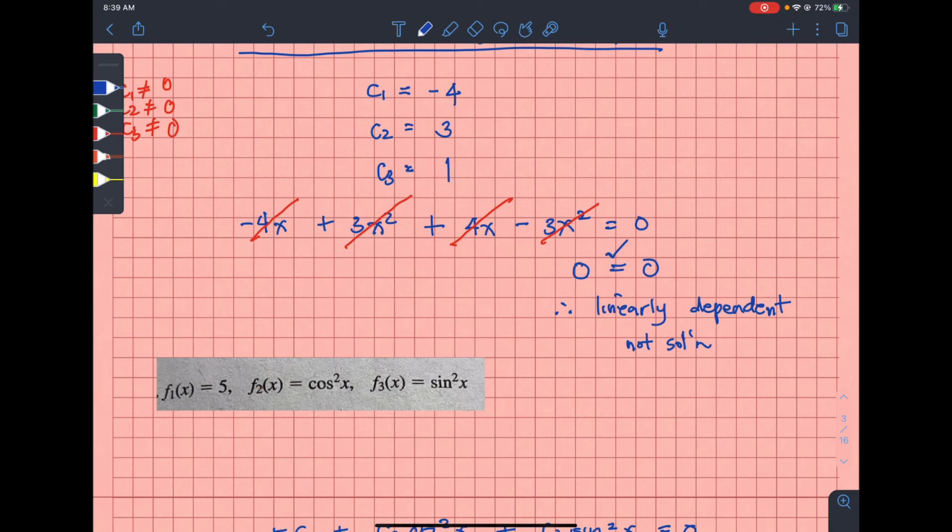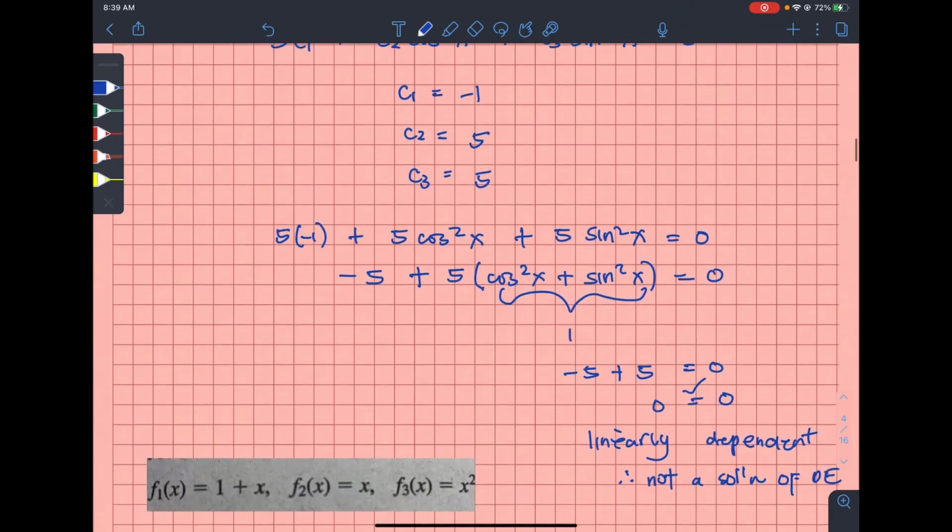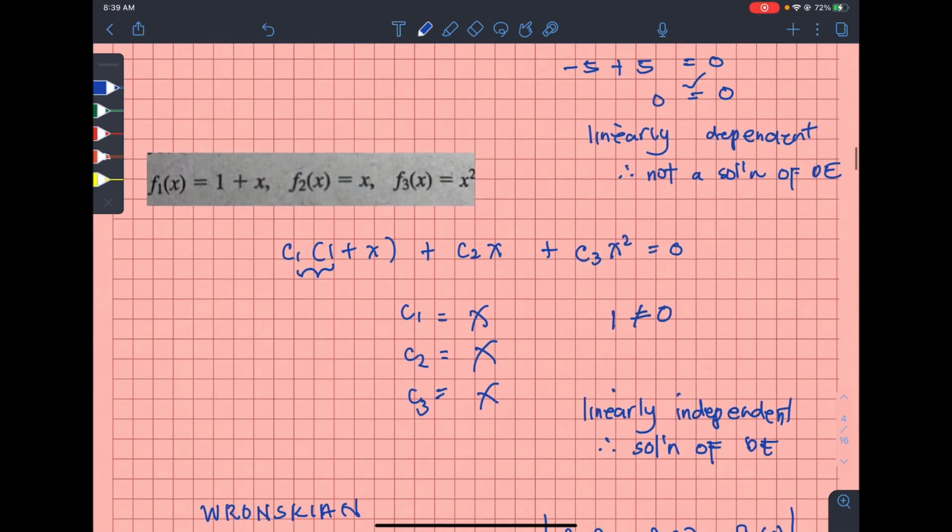So if it is equal to 0, there are values for c sub 1 or for the arbitrary constants that would make the equation equal to 0, then that is linearly dependent. And it is not a solution of a differential equation, just like the first two examples. While if there are no values of c sub 1, c sub 2, and c sub 3 that would make it equal to 0 other than all of the arbitrary constants being equal to 0, then those are linearly independent solutions.